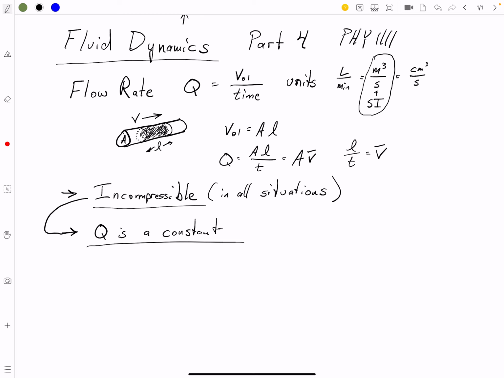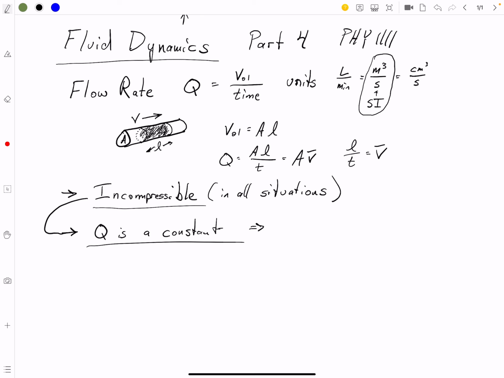Some things are more compressible than others. And diamonds, for example, are fairly hard to compress. But yeah, I mean, it's doable. So we have Q is equal to a constant.